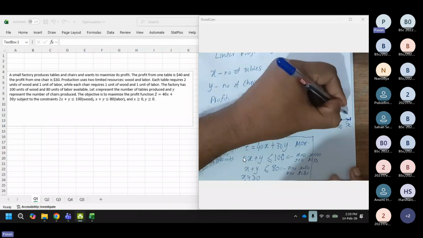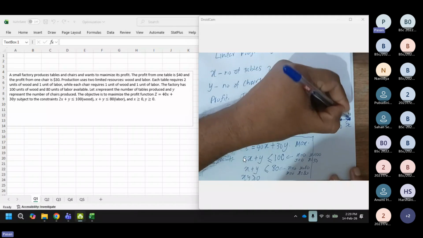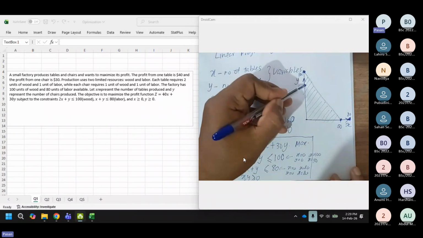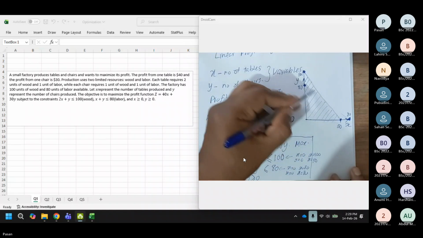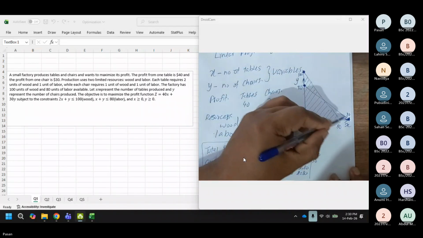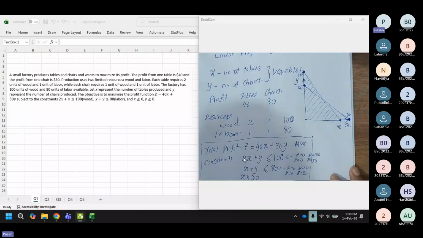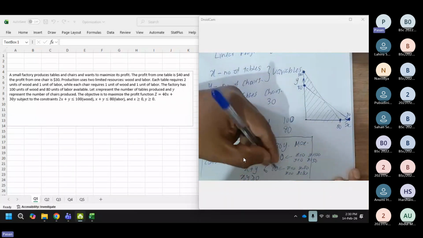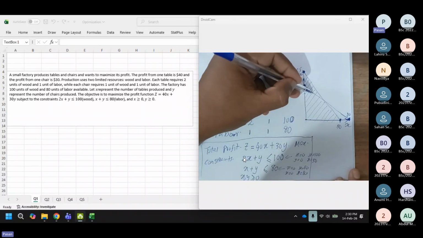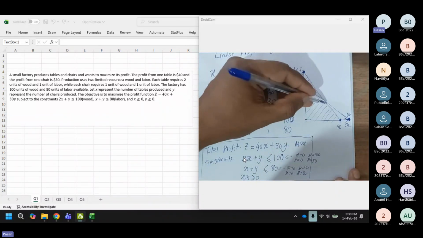So I can put 80 here, take some point like that, and then draw this line here. Again, if I take the 0, then this side is the lower side, so I can draw this region here.